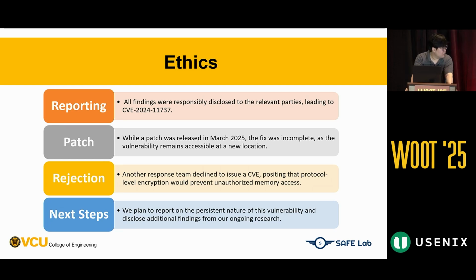Some of the answers were like, we are encrypting the network, so why are we concerned about memory? Anyway, some of the vulnerabilities that they announced as patched still exist after the patch, just in a different memory region, which can be identified within minutes. So we are going to report it again, and that's all.